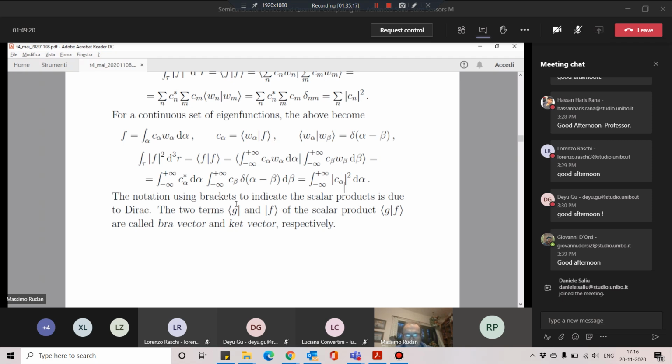And the first part of the scalar product, the tip parenthesis pointing to the left, g followed by the vertical bar, is called a bra vector. Bra and ket are just the two pieces of the word bracket, that is the form of the parentheses. So this is the so-called Dirac notation that is very much used in quantum mechanics, the bra vectors and the ket vectors.